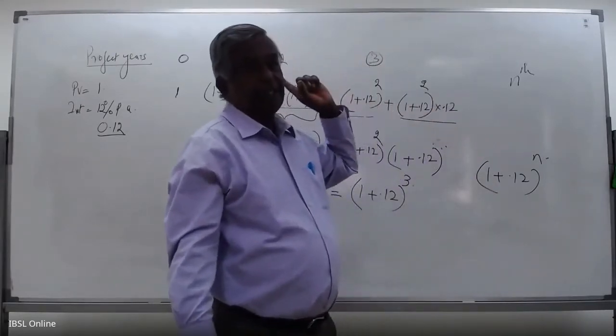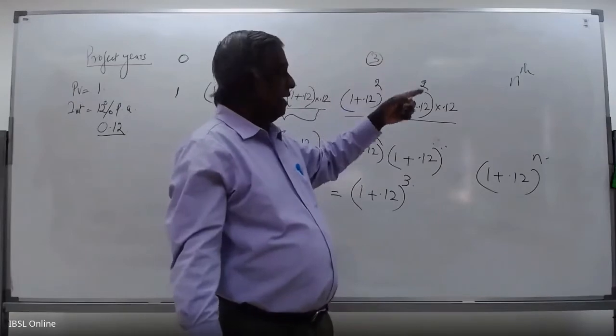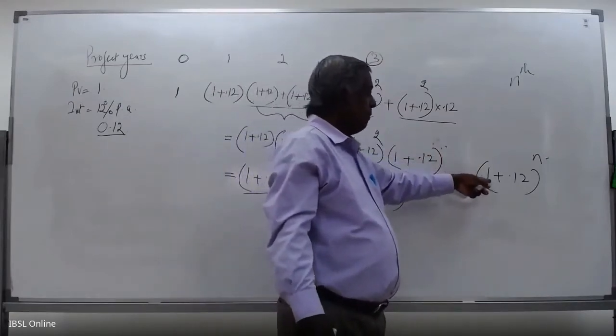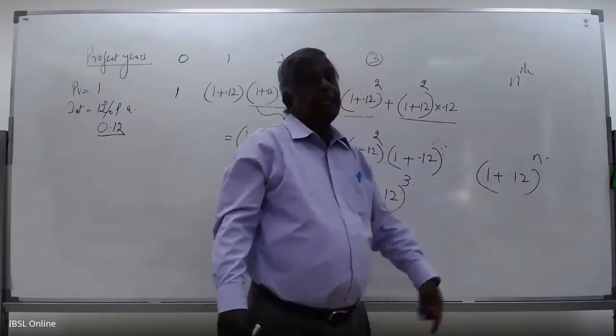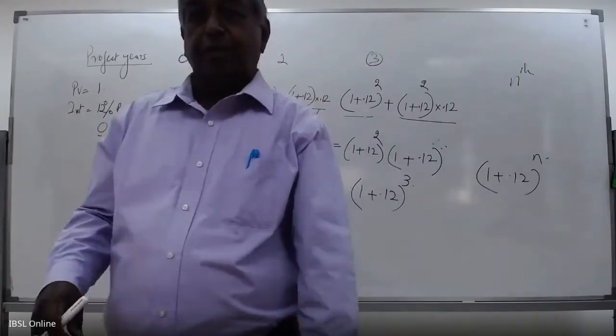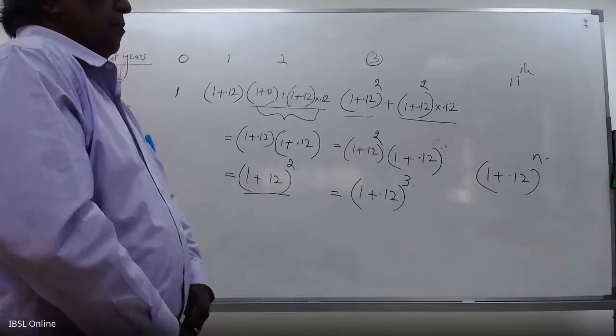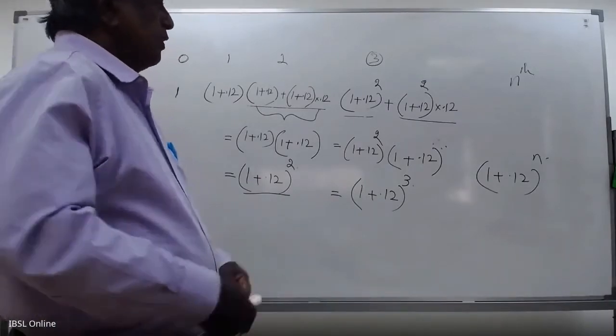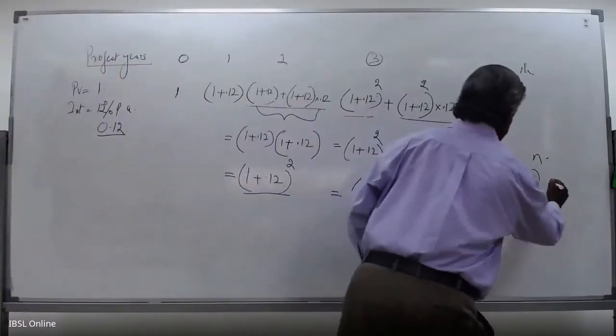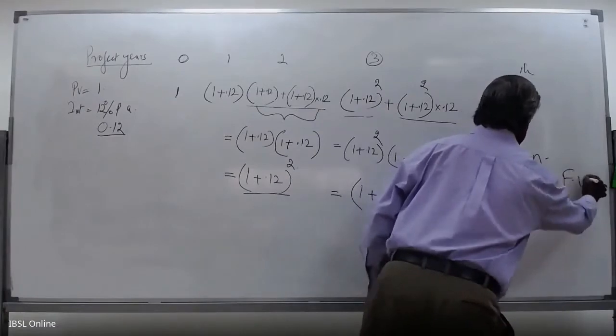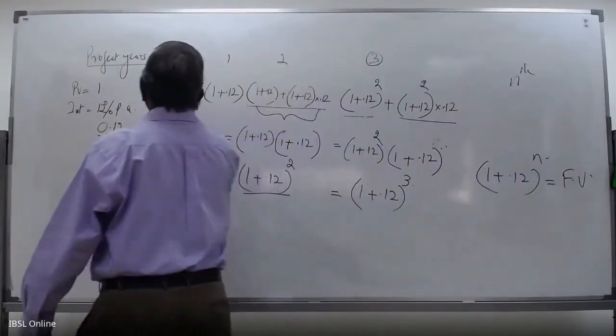Today the PV is 1. In the nth year, it will become 1 plus 0.12 to the power n. So this is the future value. So this is the present value.